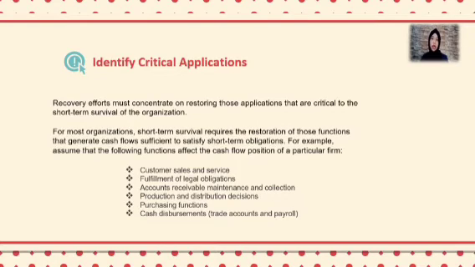Such as customer sales and service, fulfillment of legal obligations, down to trade accounts and payroll. So, the computer applications that support these business functions directly are critical. Hence, these applications should be identified and prioritized in the restoration plan.